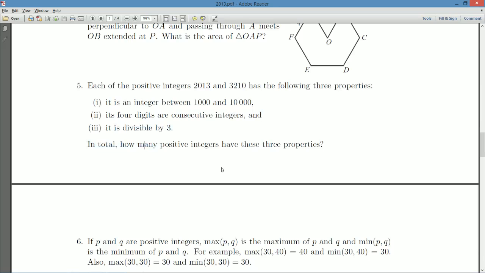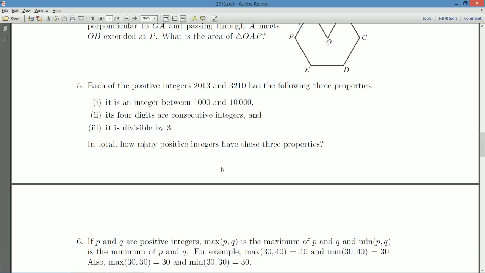Okay. So each of the digits being consecutive integers means they're all going to be distinct. So once we get a set of 4 digits that work, then we're just going to need to multiply the number of cases by 24. But we'll get into that in a little bit. We're just sort of rambling, thinking of ideas right off the top of our head.